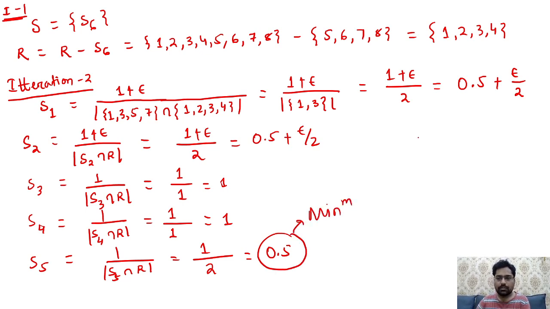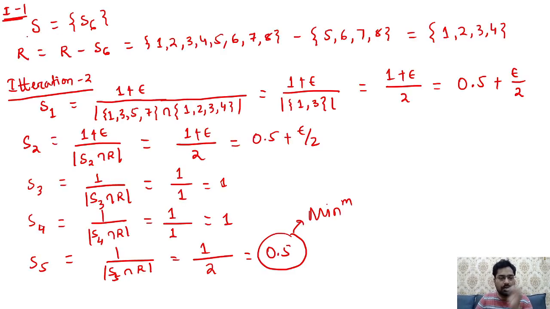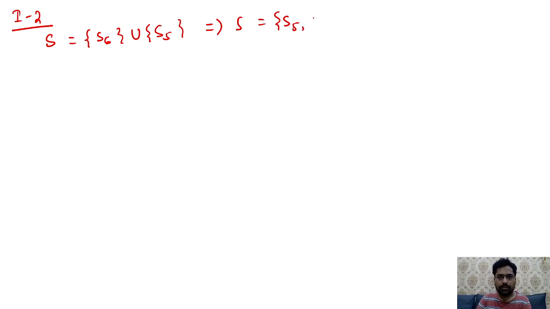So since it is the minimum, what we are doing in our iteration 2: previously S was S6, now we have to union S5 here, then S equals S5, S6.